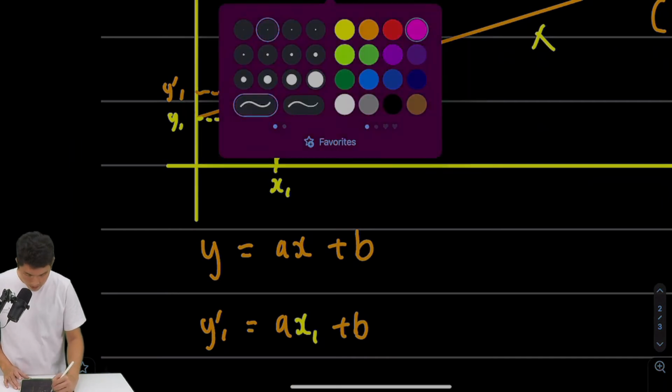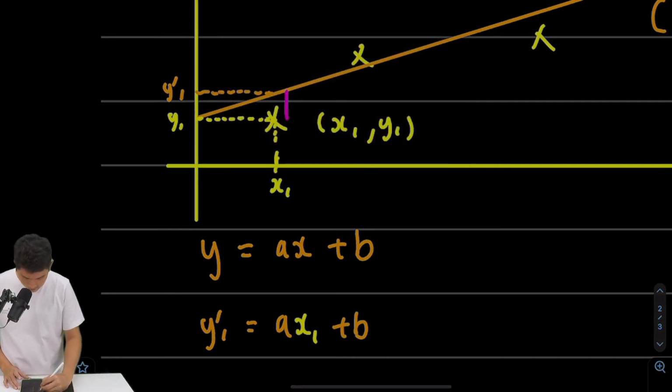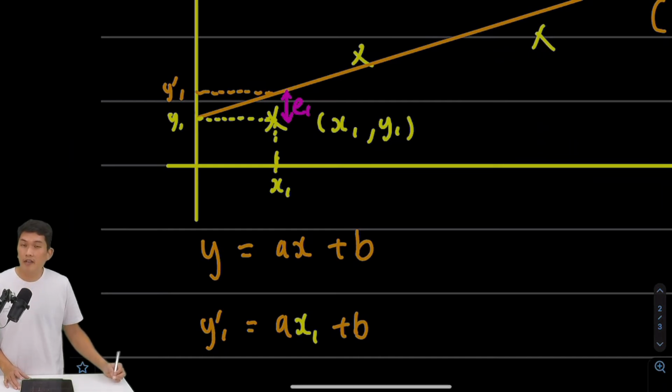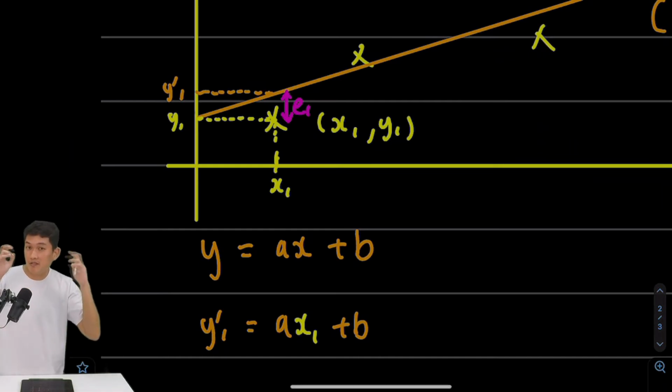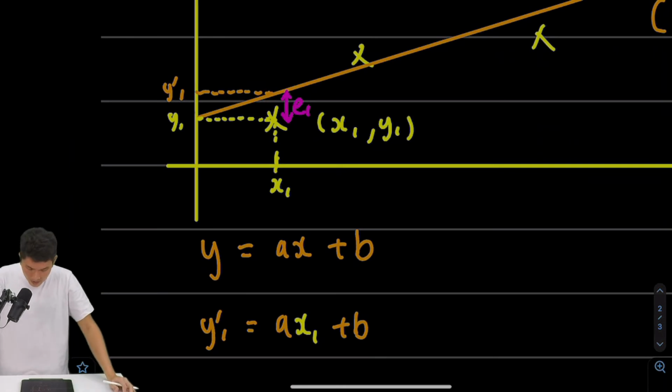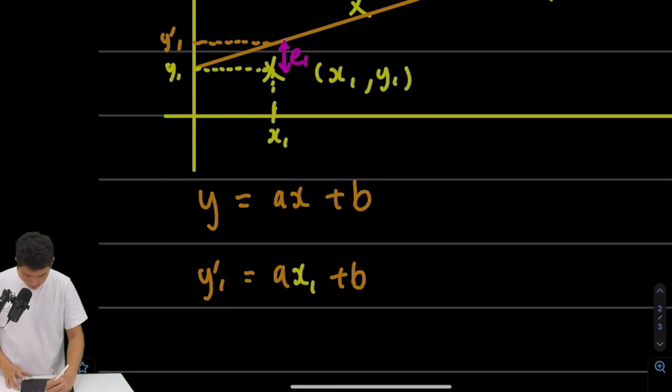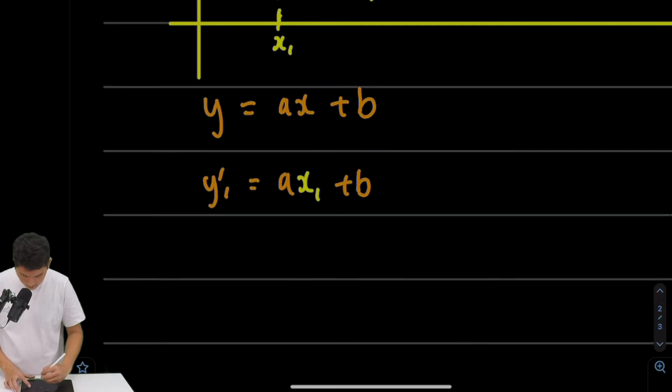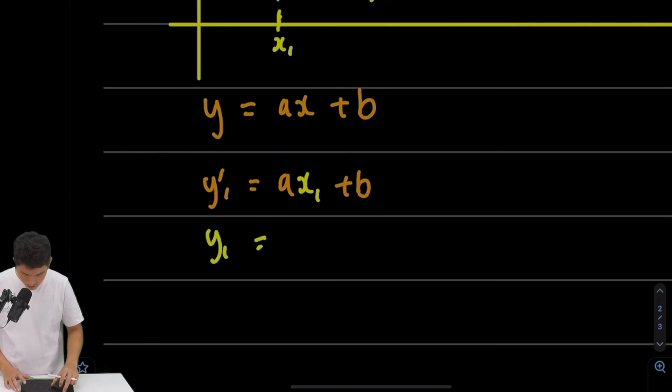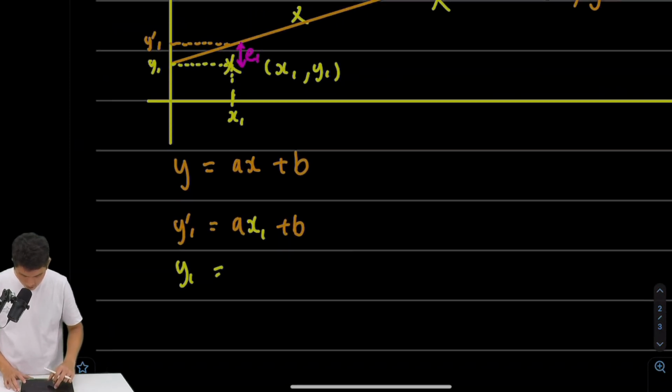This is where we have the idea of an error. We call this E1. E1 is the experimental error that you're supposed to have. So I can take y prime 1 and minus away E1, and that will give me y1. So I can say that y1 equals y prime 1 minus E1.